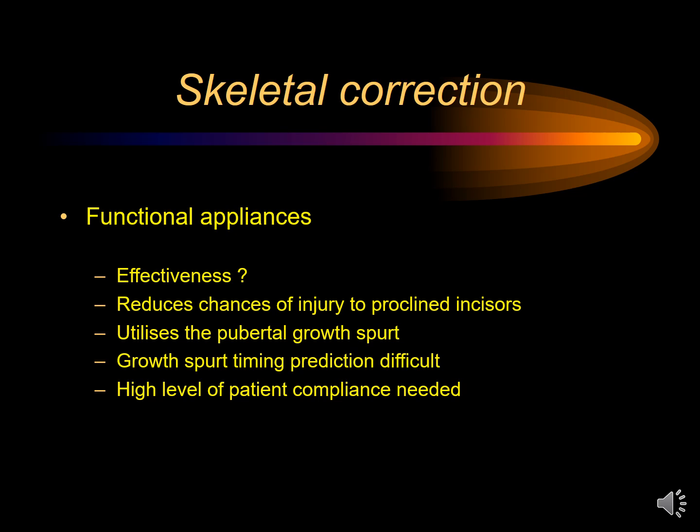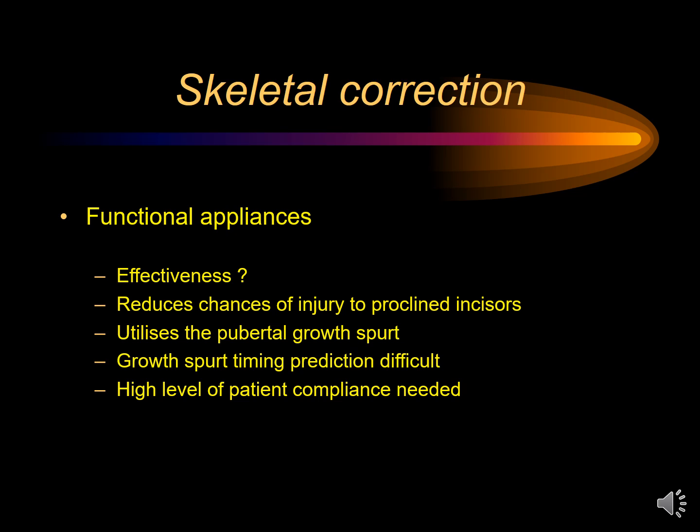Now functional appliances, again the effectiveness is questionable, but it reduces the chances of injury to proclined incisors. So whether or not we actually get skeletal correction, it does have some benefits. It utilizes the pubertal growth spurt, but herein also lies a problem in that growth spurt timing is very difficult to predict.